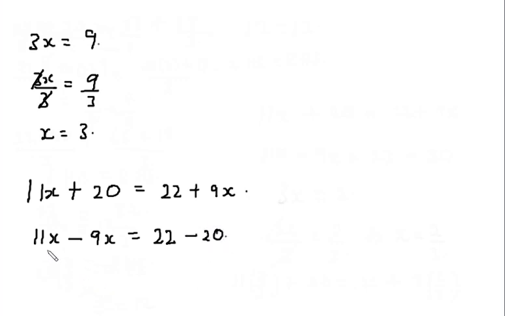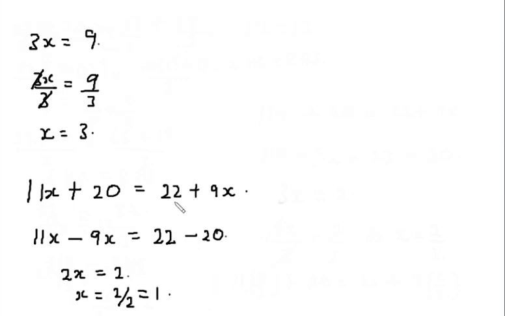Okay, and then we know that 11x minus 9x is 2x, which is equal to 22 minus 20, which is 2. Okay, so dividing both sides by 2, we have x is equal to 2 divided by 2, which is equal to 1. So x is equal to 1.